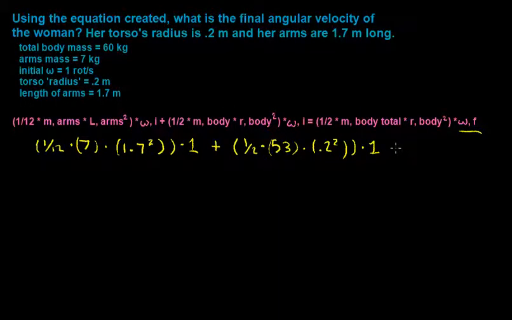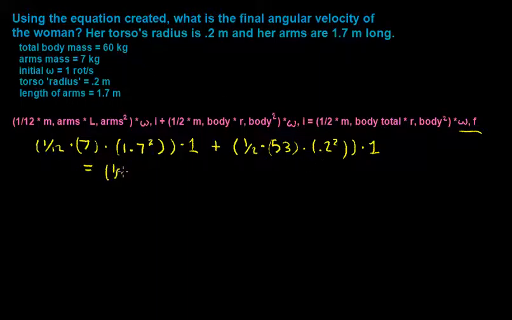And then we have to set this equal to, it's so long we can't fit it along this stretch. We have this set equal to the cylinder that we ended with, which was her body, but her total body mass this time of 60 kilograms.